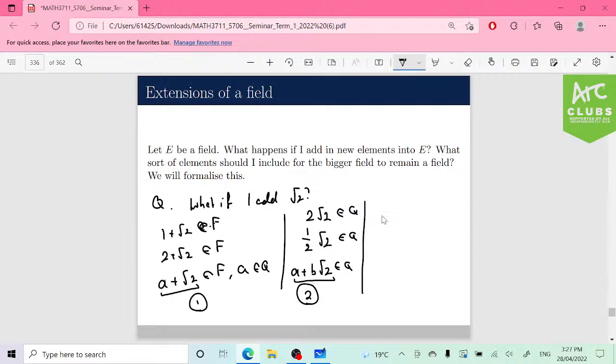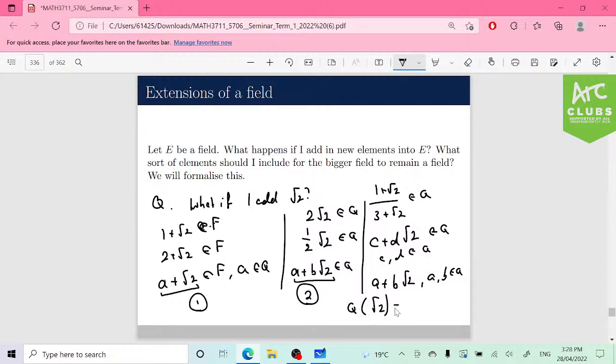Well, I need to be able to divide by elements as well. So if I take, say, 1 plus square root of 2 divided by 3 plus square root of 2, that also needs to belong in F. But if you rationalize the denominator, it turns out that this is actually of the form c plus d times the square root of 2, and c and d also belong in Q. So if I consider the field Q and I also consider adding in square root of 2, then it seems like the elements that I should add are of the form a plus b square root of 2, with a, b inside Q. And this is precisely how we define this new field here.